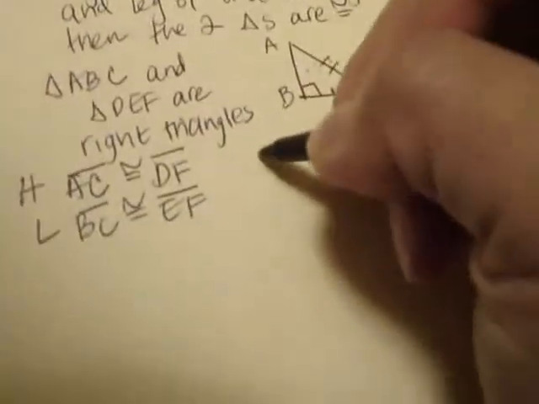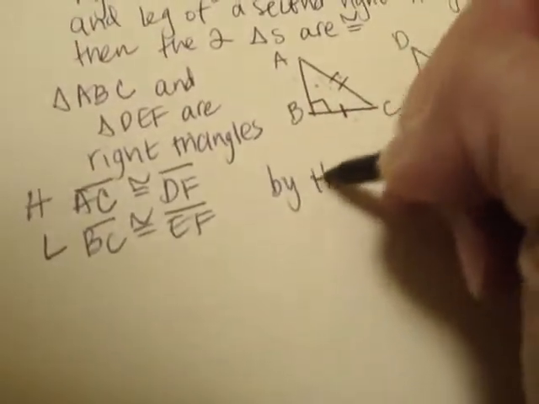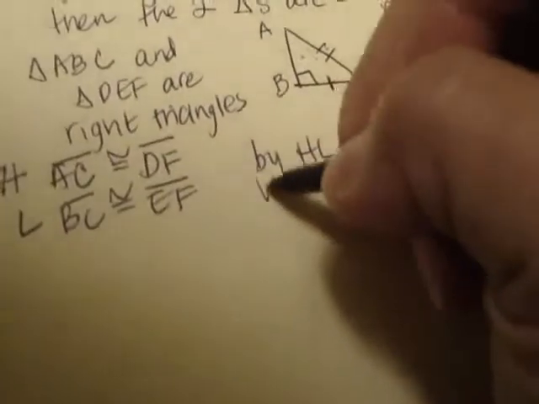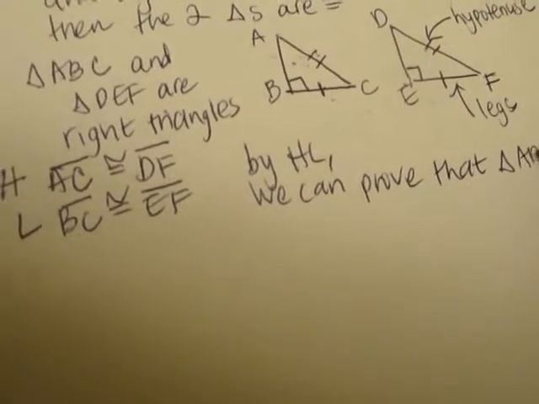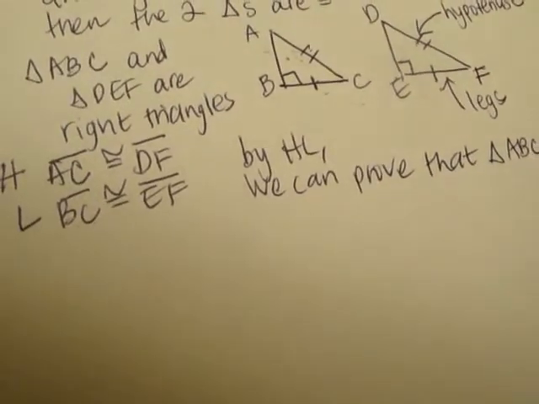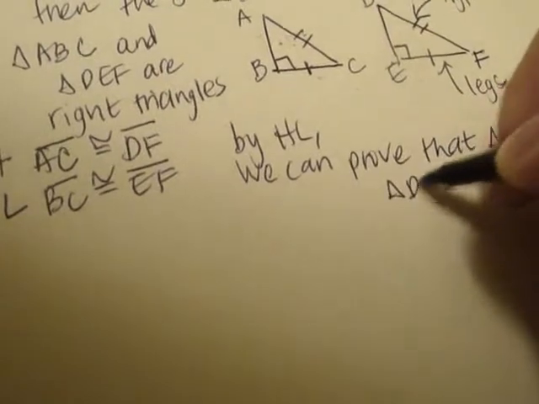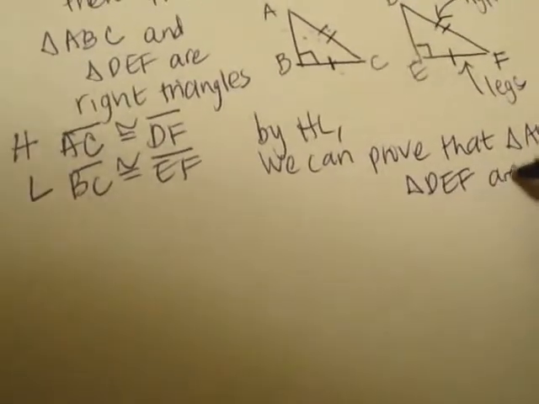And so by HL, we can prove that triangle ABC and triangle DEF are congruent.